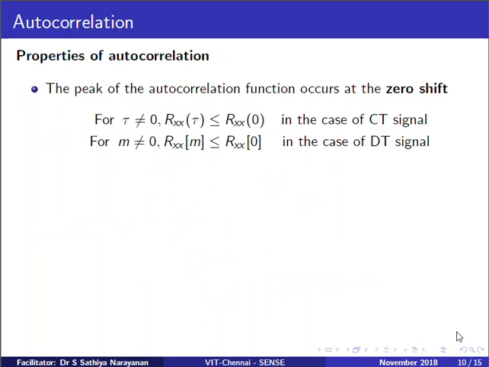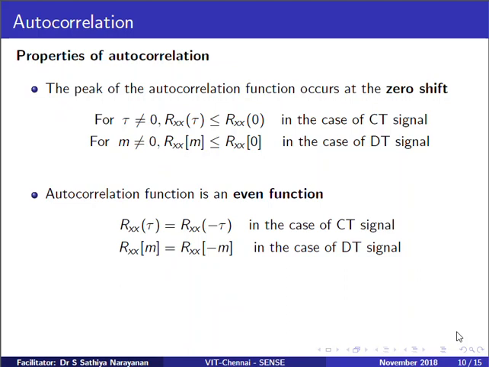For all other tau values or m values, the autocorrelation will be less compared to rxx of 0. Next, the autocorrelation is an even function, which means rxx of tau will be equal to rxx of minus tau. Similarly, for discrete time signals, rxx of m will be equal to rxx of minus m.